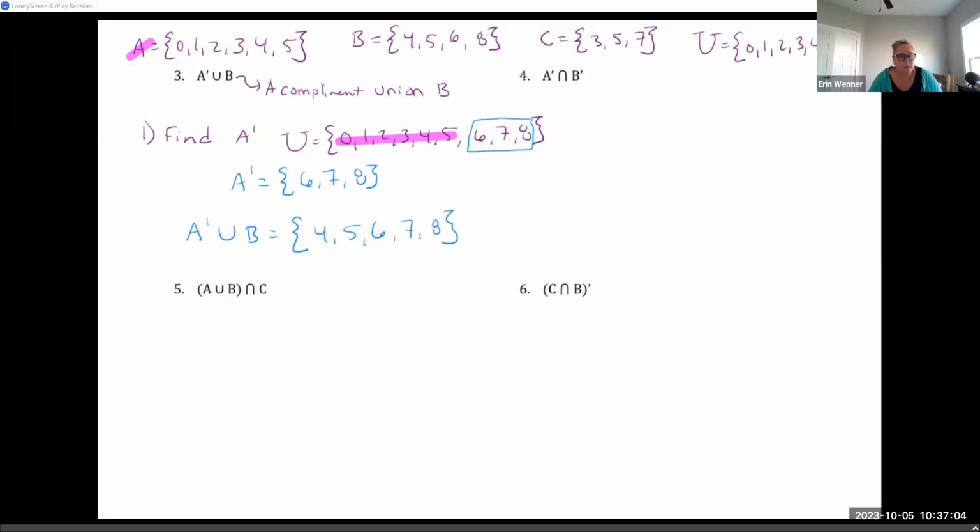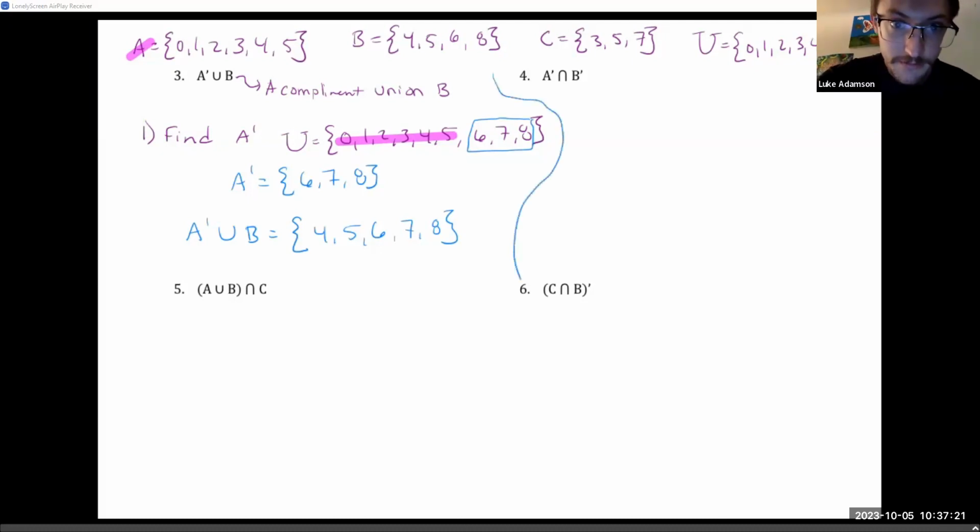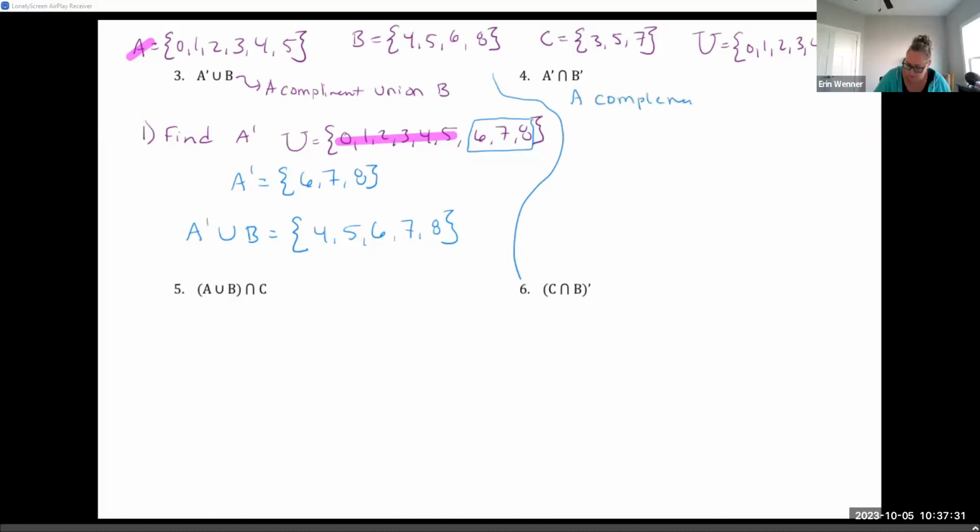So these kind of follow order of operations. If we look at number 4, it says A complement intersect B complement. So what do you think we need to find first there? The complements of each. Yeah. In order to find the intersect, we have to even know what those complements are.